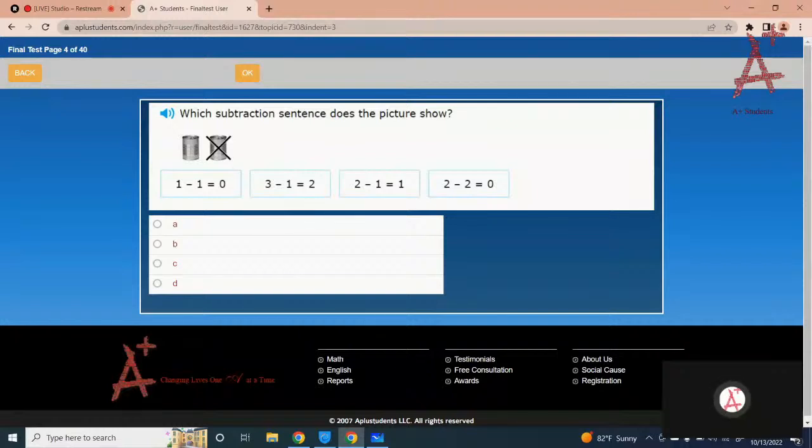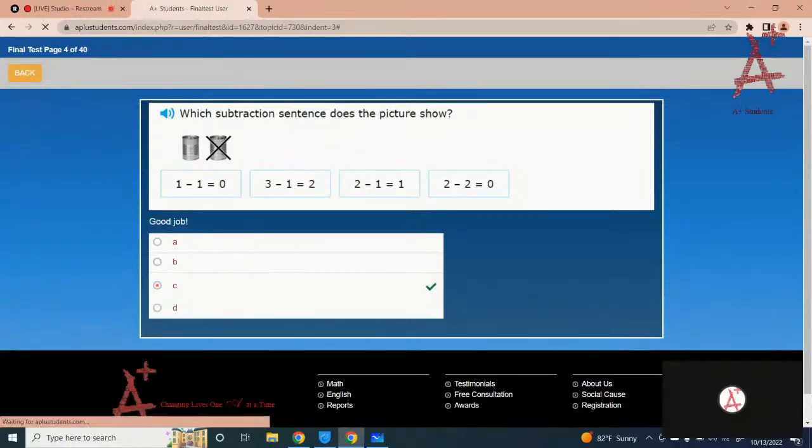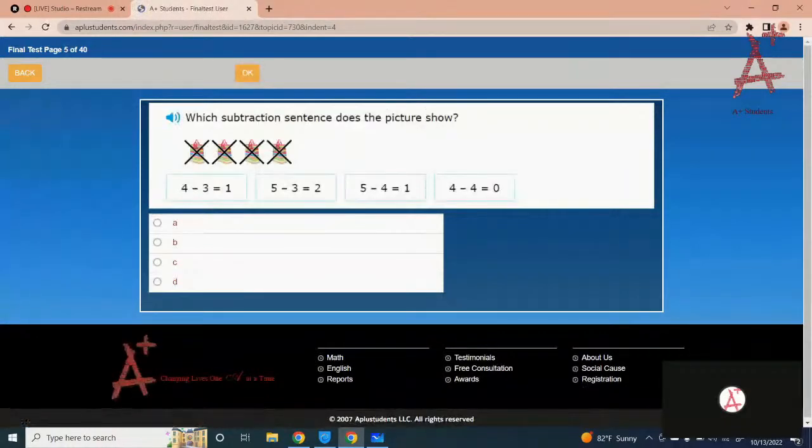Okay, that means 2 subtract 1 equals 1. So that is option C. Select the correct option and click on the OK button. Okay, which subtraction sentence does the picture show? So you have one, two, three, four pieces of cakes and all of them are crossed out.